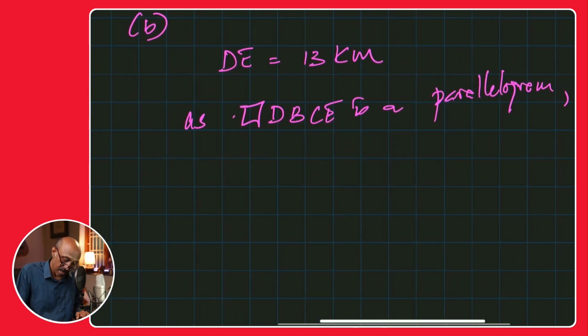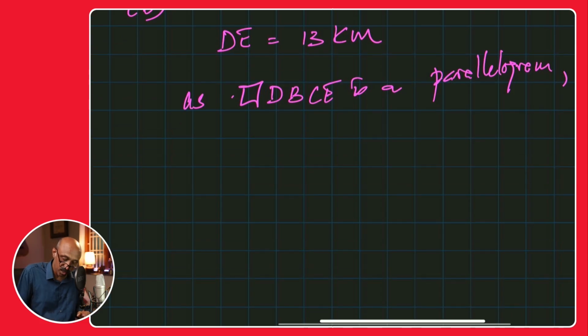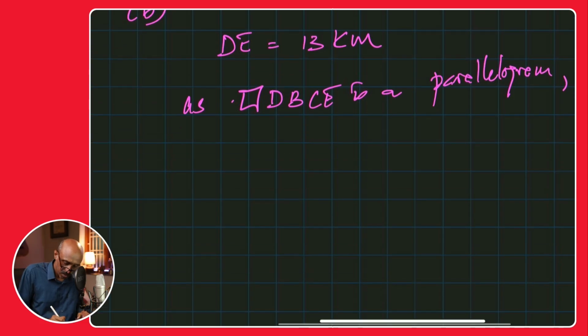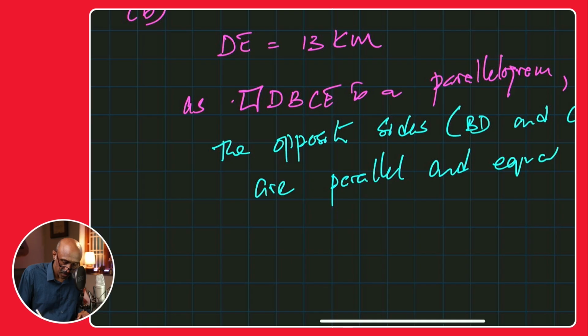DBCE is a parallelogram, and then if you want to justify how you deduced that it's a parallelogram, you can say the opposite sides, which two opposite sides? BD and CE, I believe, are parallel and equal, and therefore that justifies that DE must be equal to 13 kilometers.